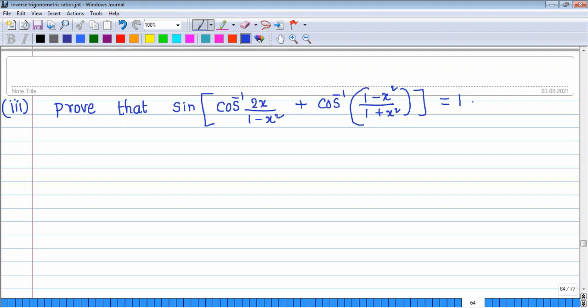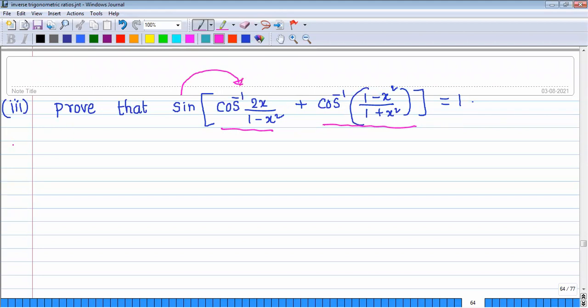Okay, let us prove. It is enough to prove that cos inverse 2x by 1 minus x square plus cos inverse of 1 minus x square by 1 plus x square is equal to 90 degrees. Then sine of 90 degrees becomes 1.